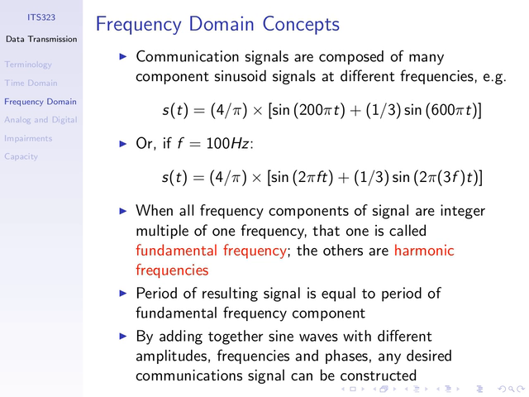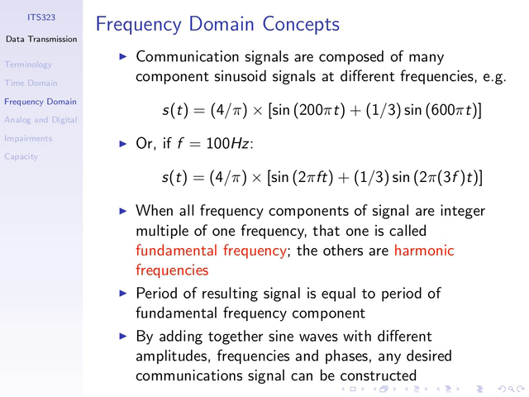In this signal, FA equals 100, FB equals 300. This is an integer multiple of this. FB equals 3 times FA.